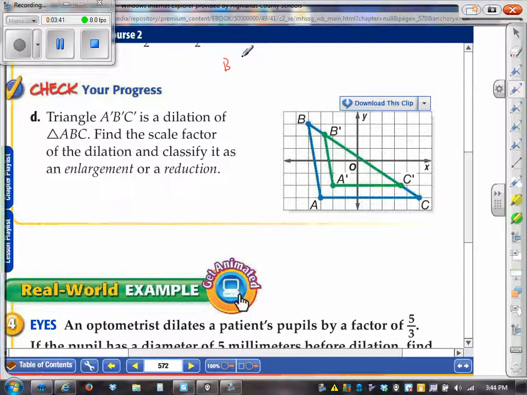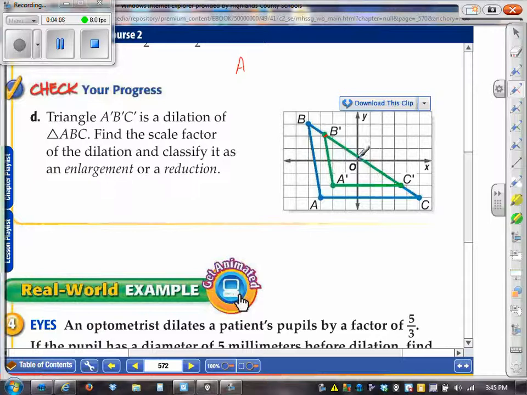So B is at (4, 3). Well, B prime is at 1, 2, well, that wasn't a good one to do. We don't know exactly where that is. I probably should have done A, but really you only need to do 1 point to get what the scale factor is. A will do that.